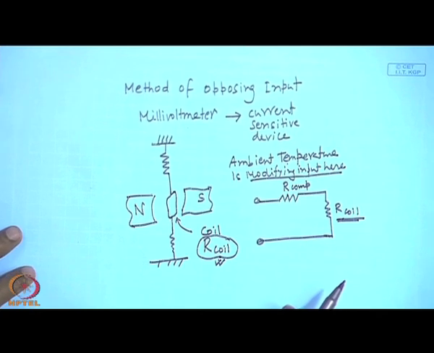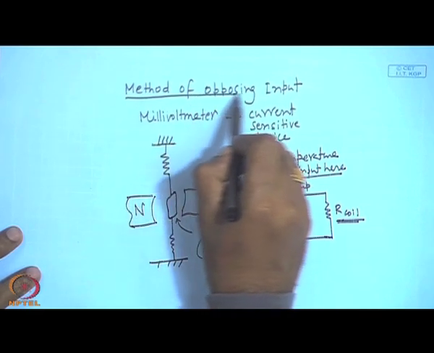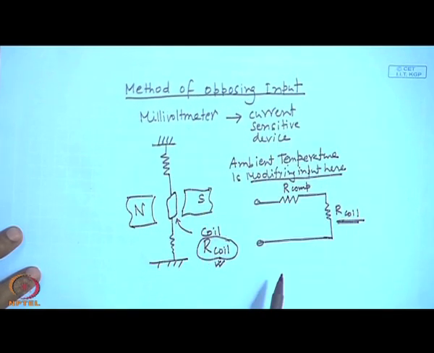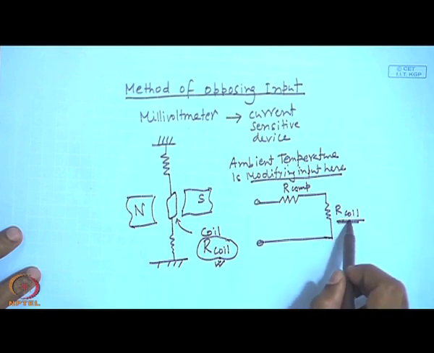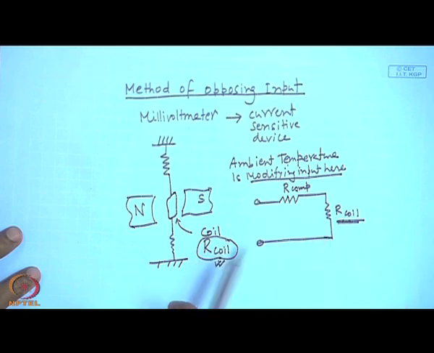So, this is an example of method of opposing input. I intentionally introduce a resistance to cancel out the effect of ambient temperature on the changes in resistance of coil.